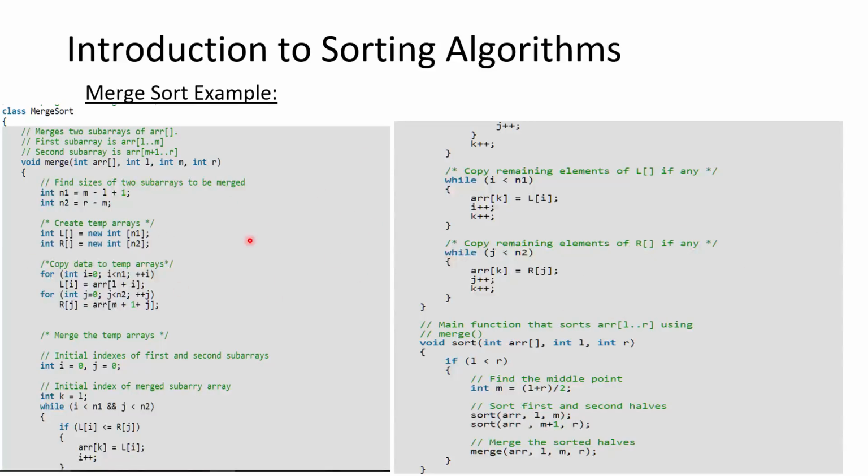So here's an example of the coding of the merge sort algorithm. First here we see the merge method, and we see the sort method here. With the merge method, we see that first there are the subarrays, and the subarrays are then each evaluated for sorting.